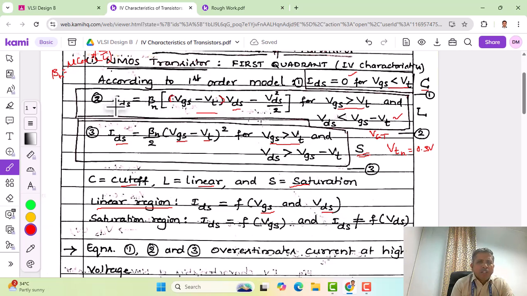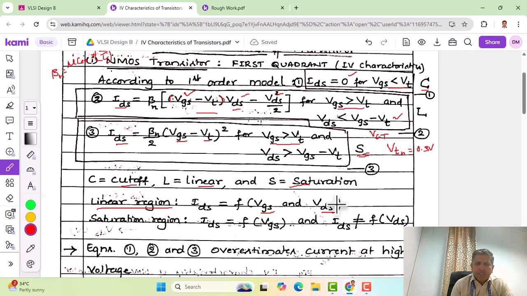As we can see, the IDS equation is dependent on VGS as well as VDS. We have drain to source voltage at two places, so we can write IDS is a function of VGS and VDS, specifically in the linear region.